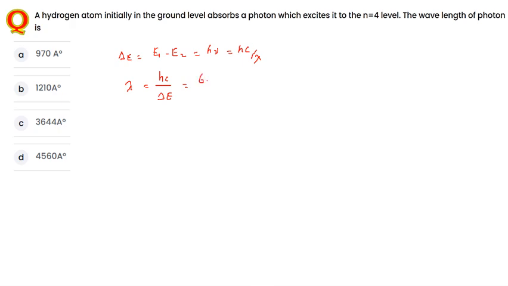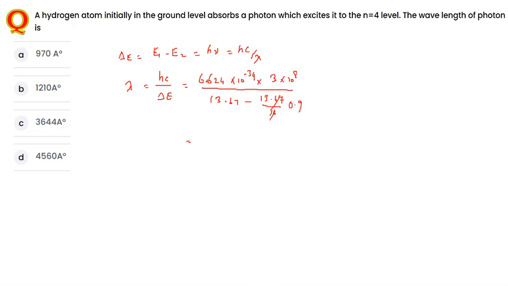Here the Planck constant value is 6.624 into 10 power minus 34, and the velocity of light is 3 into 10 to the power 8, whole divided by 13.6 minus 13.6 divided by n equal to 4 squared, that is 16. If you cancel here, what you have is 0.9.